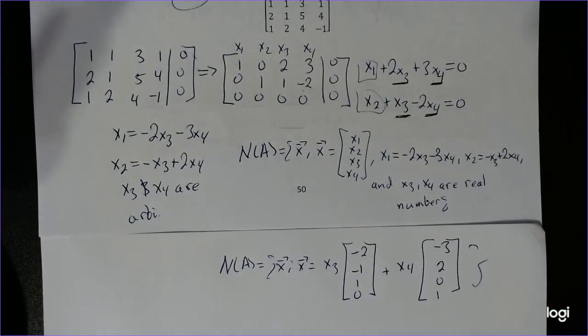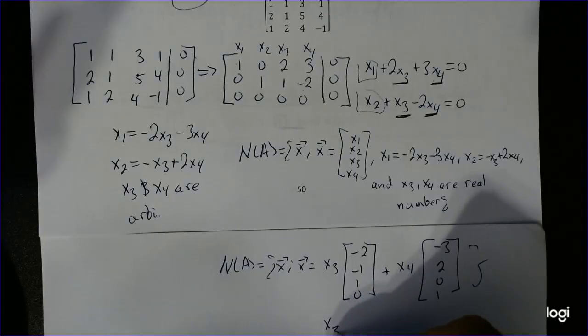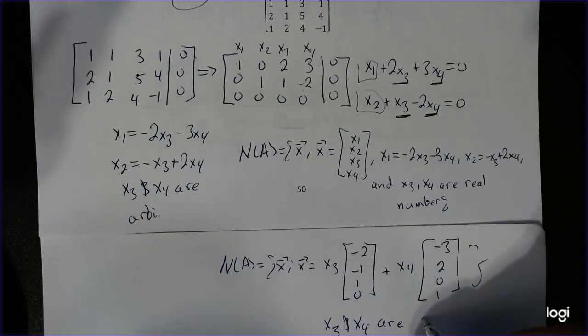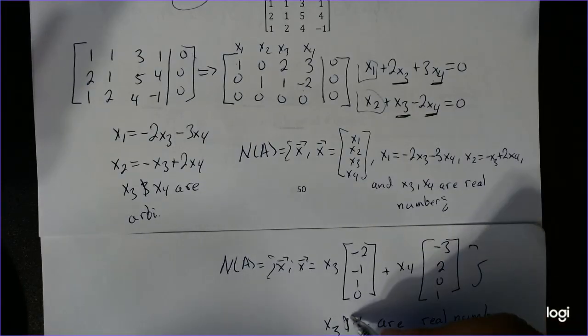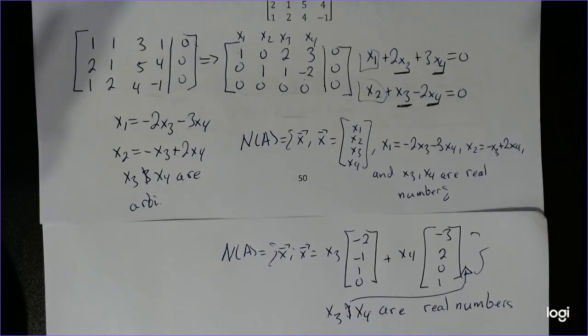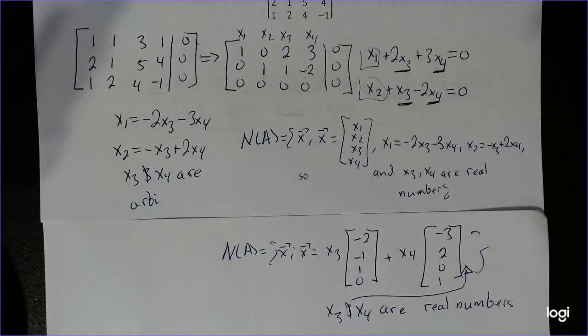There you go, where x3 and x4 are real numbers. So sorry, that's supposed to go right here. So two different ways to answer this question for the null space of A, or the kernel, depending on who you are and what book you're actually reading. Okay.